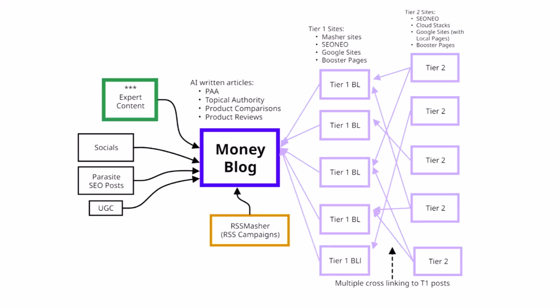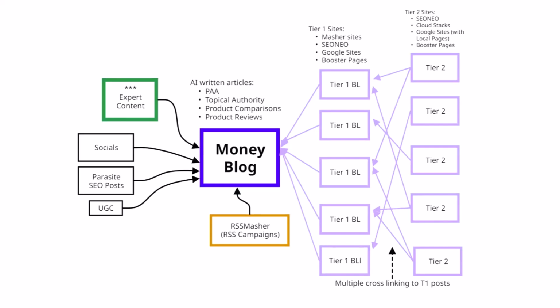You can even use the original RSS feed images that came in from the feed itself if you wanted to. We prefer to generate brand new images and do a complete rewrite of the article with RSS Masher and AI Masher. So inside of AI Masher, you'll see them as RSS campaigns.